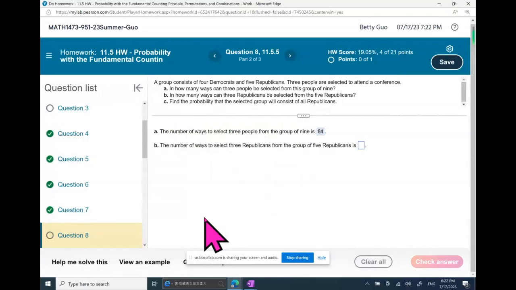Part B, the number of ways to select 3 Republicans from the group of 5 Republicans. So this is about selecting 3 from a group of 5. It's also a combination, same as earlier, right? The order of the 3 people in the subgroup doesn't matter. So C35.